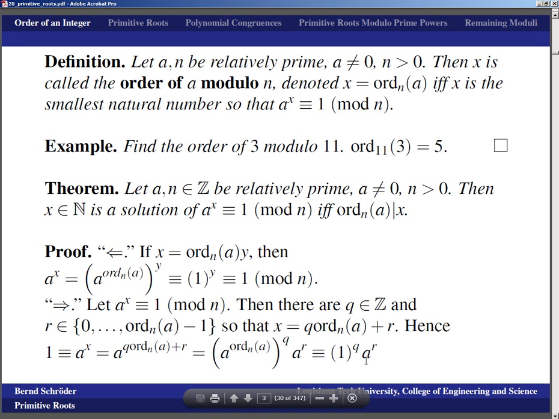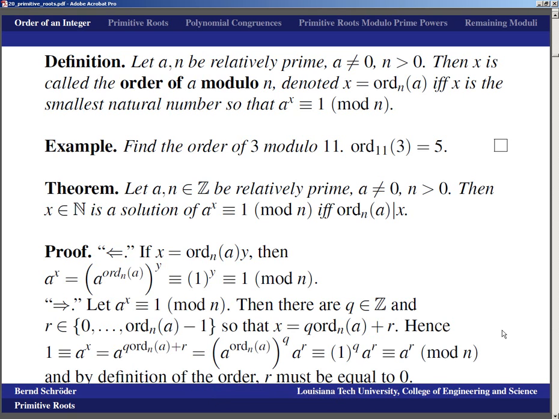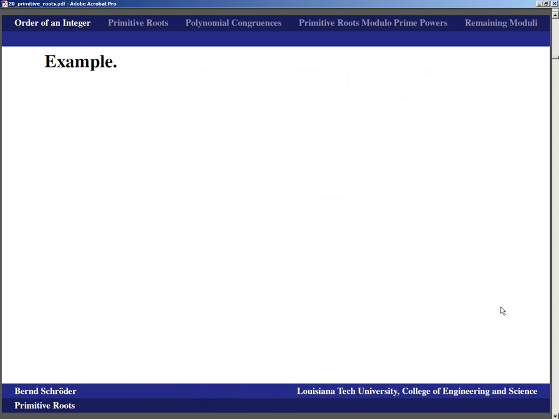And that's 1 to the q, a to the r, and that's a to the r modulo n. And by definition of the order, because the order was the smallest number greater than 0 so that a to that number is equivalent to 1, r must be equal to 0, because otherwise r would be a smaller such exponent.